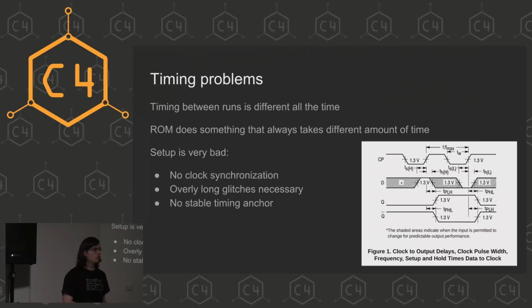I had to go up to several microseconds. So multiple hundreds of instructions must have been glitched there. Yeah, and we don't have a stable timing anchor because I didn't sniff the eMMC traffic, and just used the reset line as a timing anchor, and the timing differed all the time.